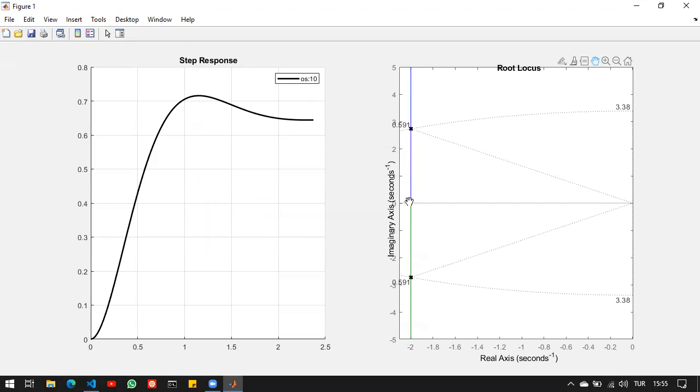But what I can see for this system especially is that looking at the root locus, it reveals to me the fact that I have no other choice than to choose a point that has this exact real value here. So if I, for example, change the omega n value, so the settling time of the system, I'm not going to be able to do that. The only thing that I can decide on this closed loop system here is the overshoot itself.